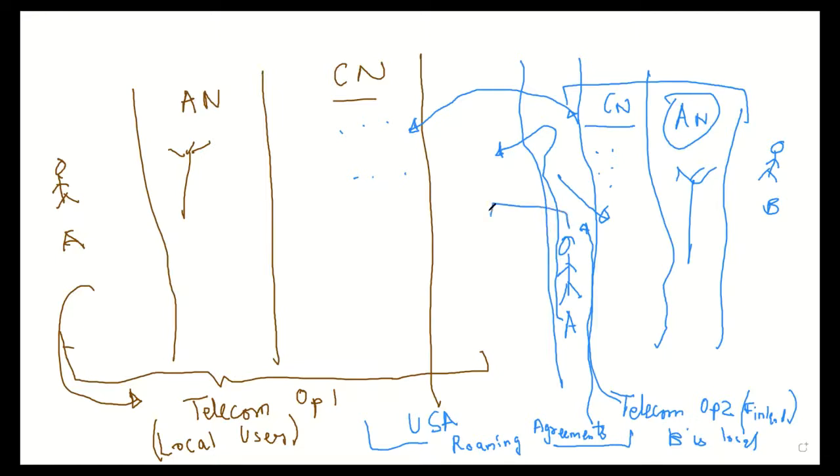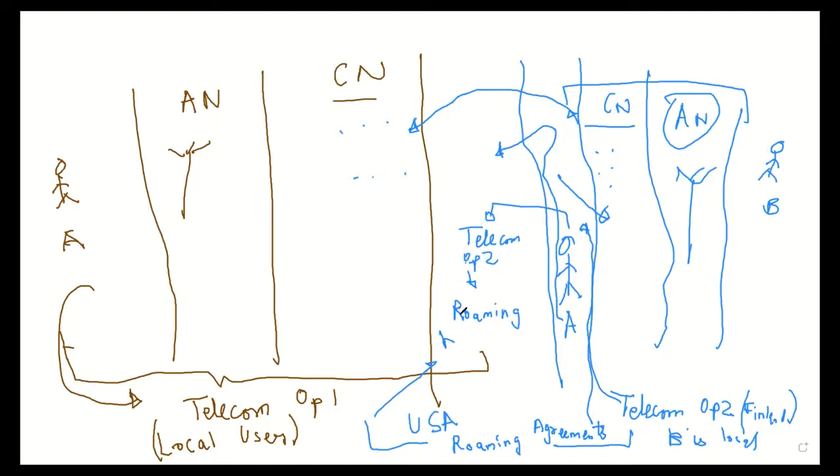And this subscriber A in Finland is, let's reword it. The telecom op 2 is the roaming area, you know, and this is called the home network.